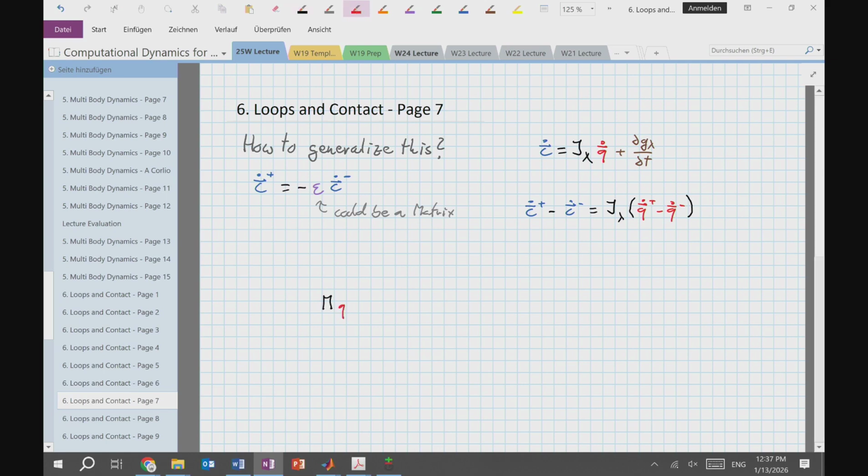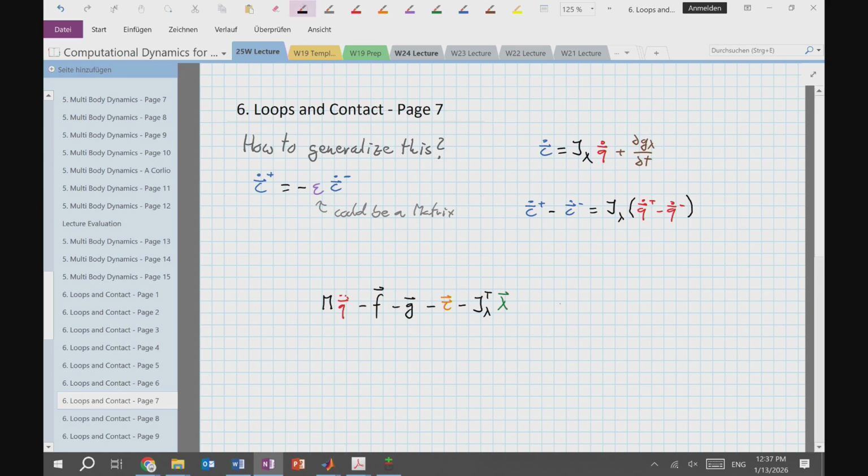But I will start by writing down the equations of motion. And I'm going to resort them a little bit in the sense that I put everything on the left-hand side. So we have f and g and tau. And of course, because we're talking about a collision, we have a J lambda transpose that gets multiplied with these constraint forces.